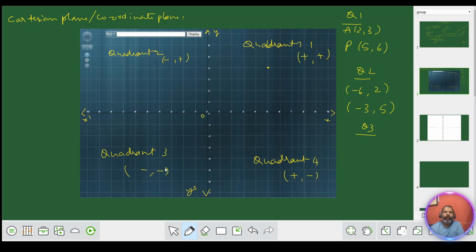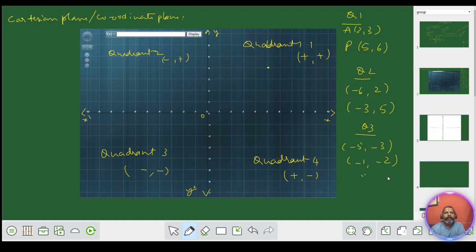The quadrant in which both the coordinates are negative is the third quadrant, because O to x dash and O to y dash is called the third quadrant part, and everything is negative in that. For example, if I say minus 5 comma minus 3, minus 1 comma minus 2, like that. The last quadrant is the fourth quadrant, where the x coordinate will be positive and the y coordinate will be negative.